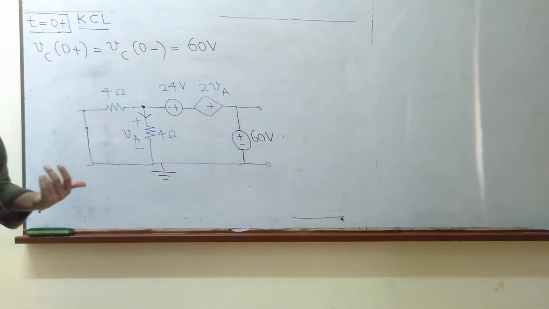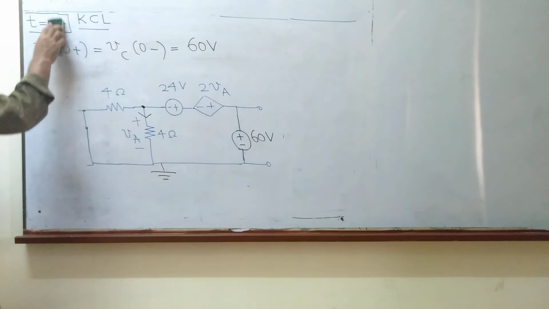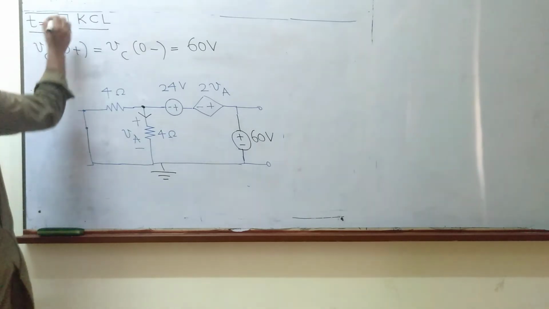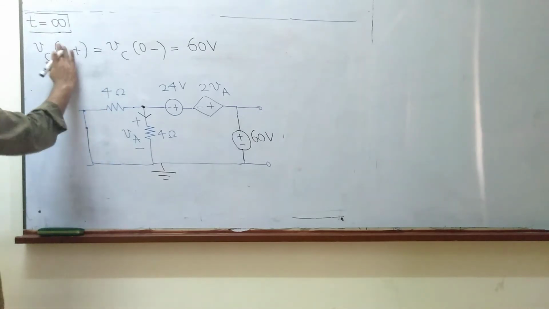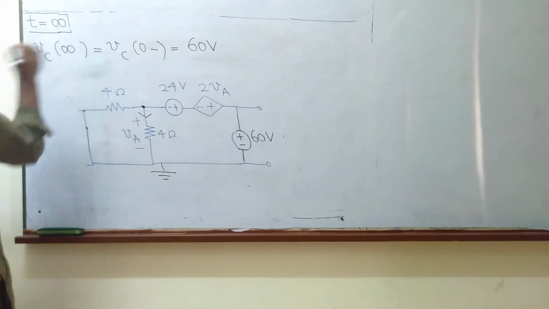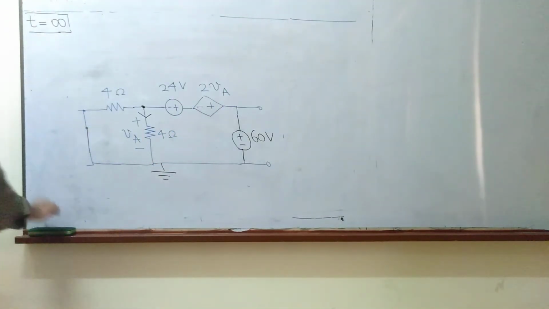Now let's move on to the final thing that we have to study in this lecture, and that is we have to compute Vc at time t is equal to infinity. So what is Vc at time t is equal to infinity?